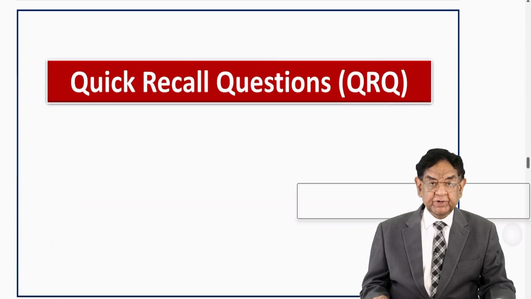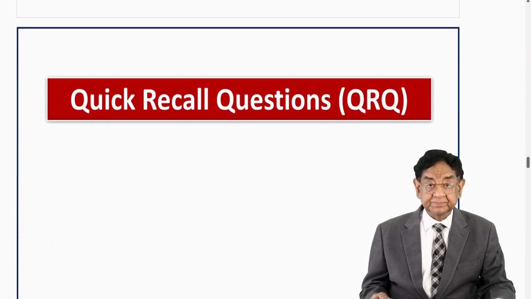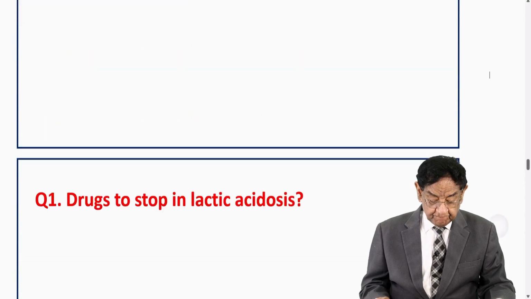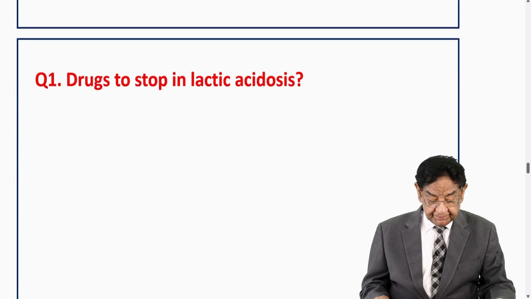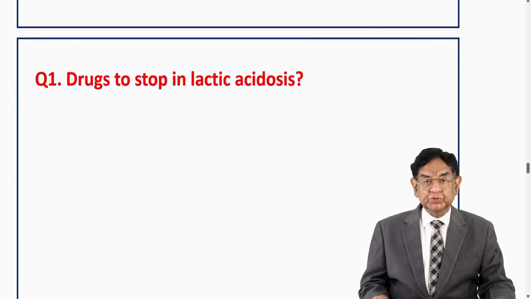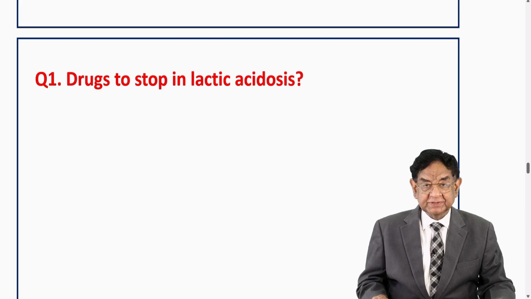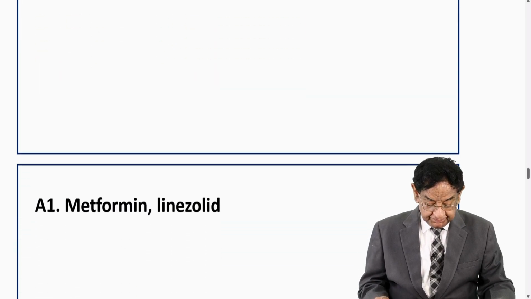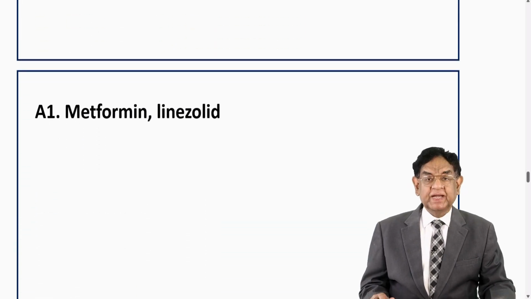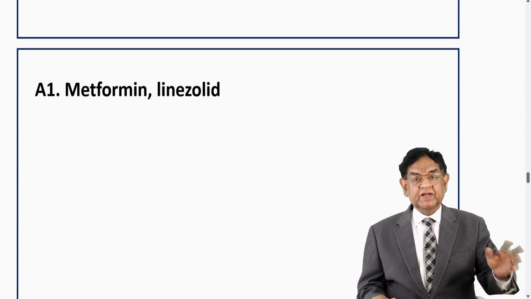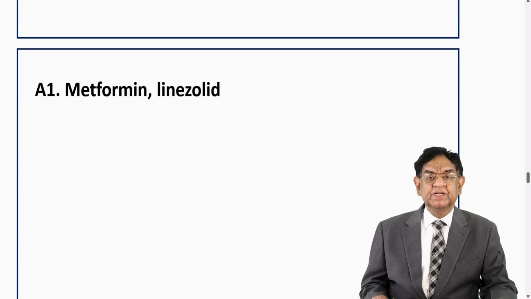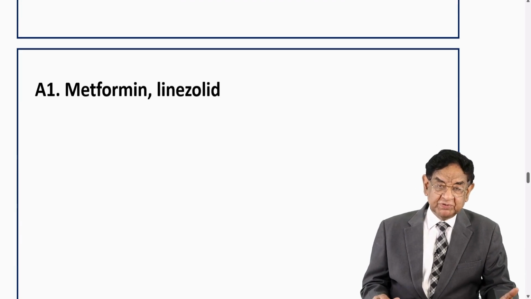Now, certain quick recall questions. Which drug should be stopped in lactic acidosis? Metformin, linezolid. The question can also be asked the other way around: which drug can lead to lactic acidosis?